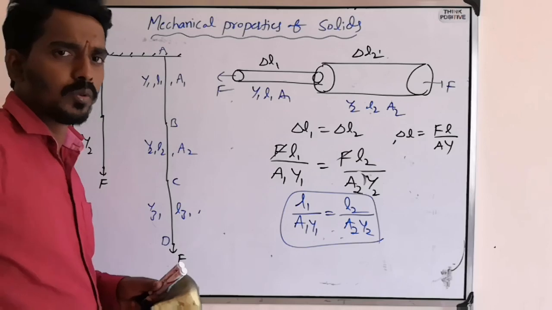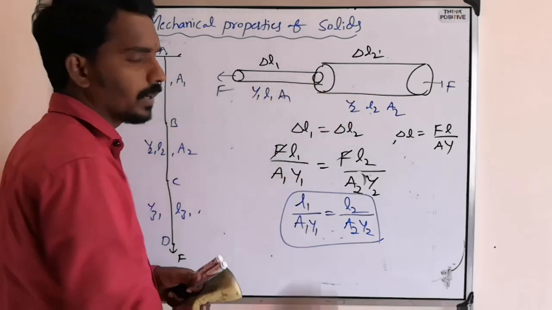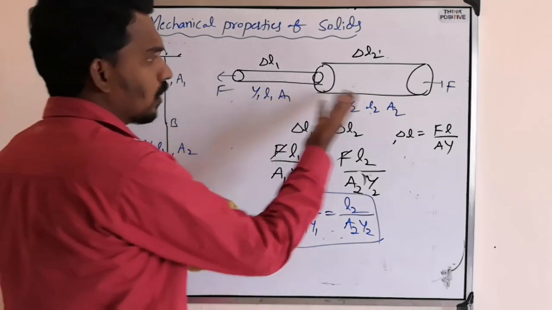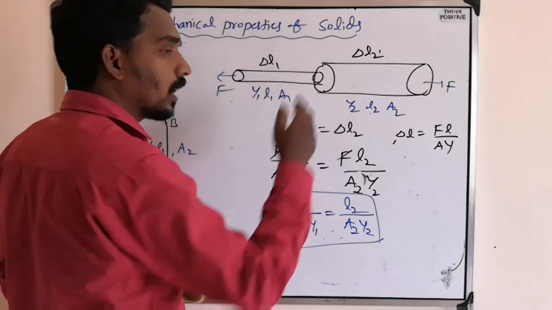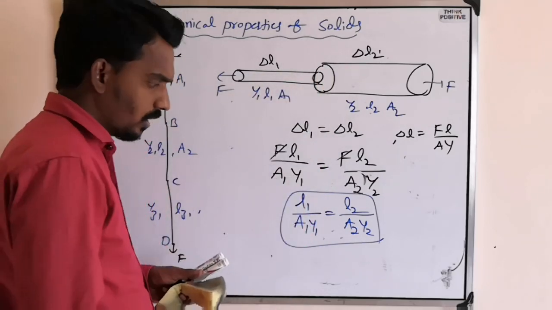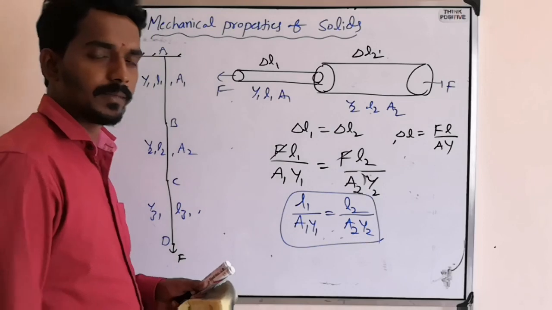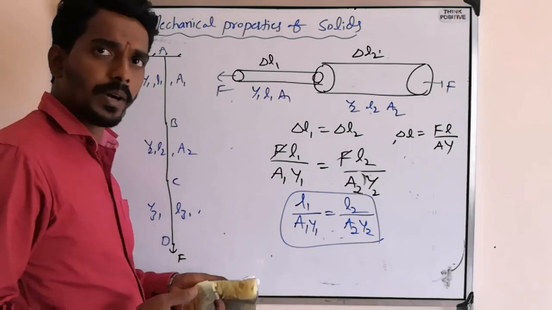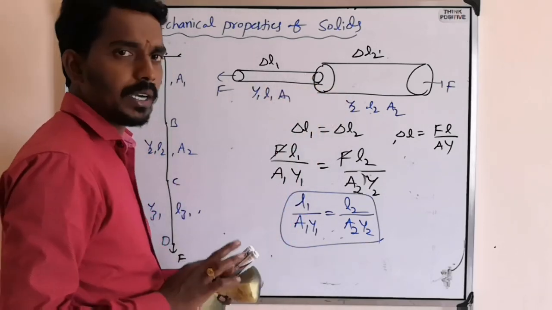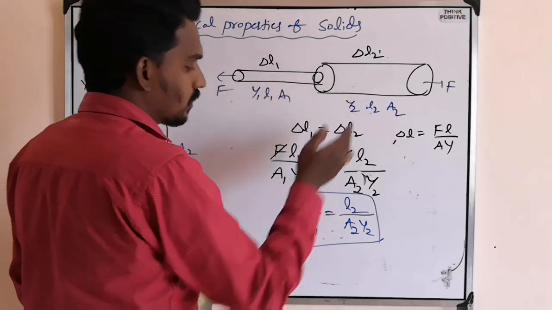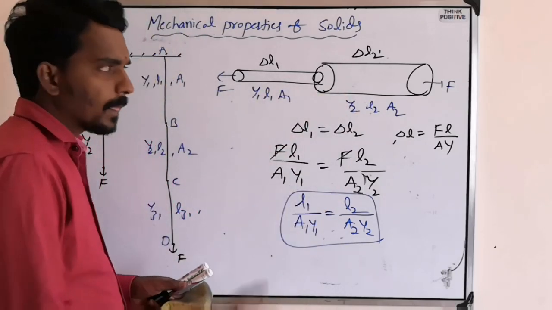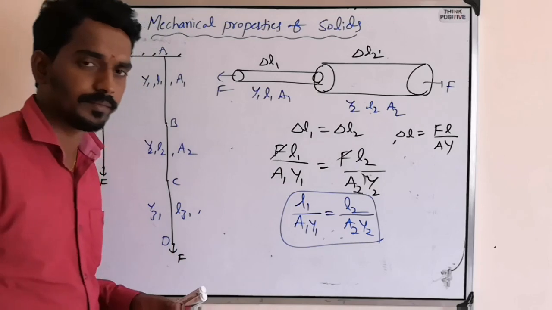Two different wires or two different rods made of different material. Or they can tell you both have the same material, then Y1 and Y2 are the same. Or they can specify both are different material but the length is the same, L1 and L2 same. So anything they can ask.